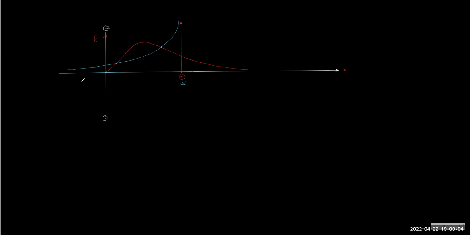That is how we come to the conclusion that it is not just the centroid, but we have two particular points on the same line where the field will be zero, because the field directions are opposite.